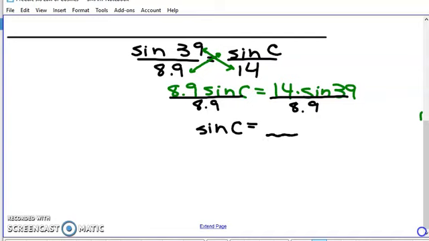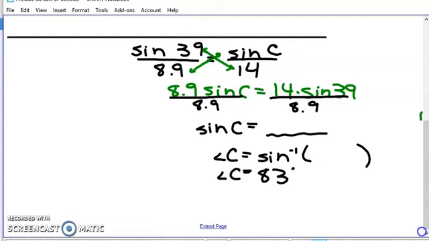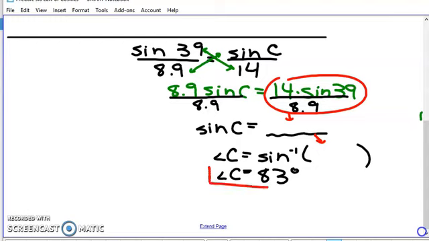I don't know what it is right now, but then you're going to go second sine of that funky decimal, which I don't happen to have right here. But when you do second sine of that, you should get 83 degrees. So that decimal goes here and here. Okay, so that is your angle.